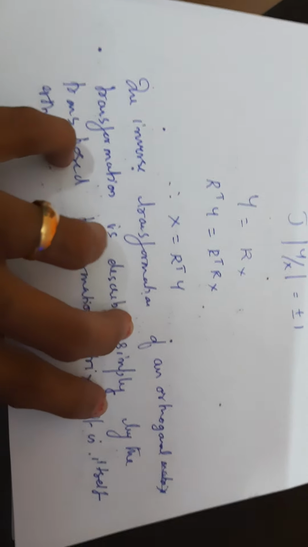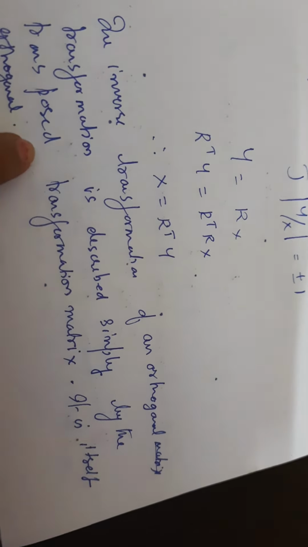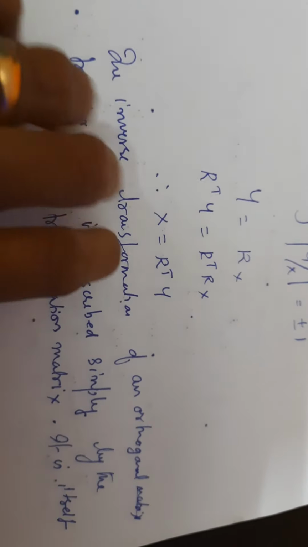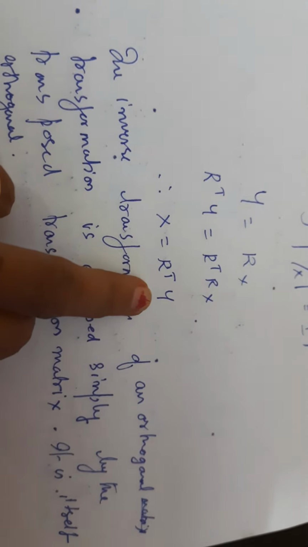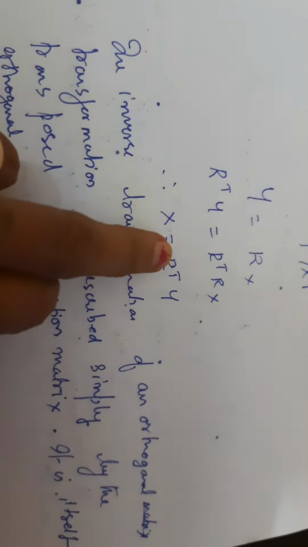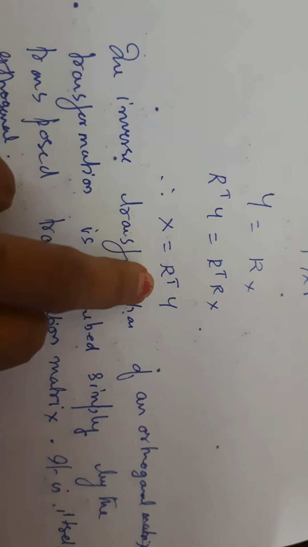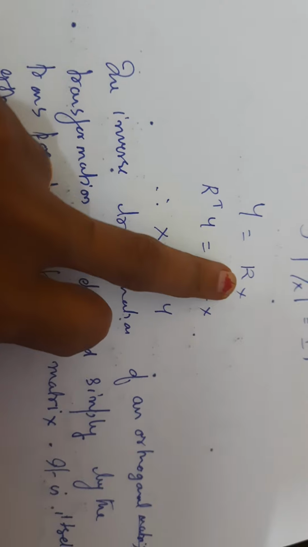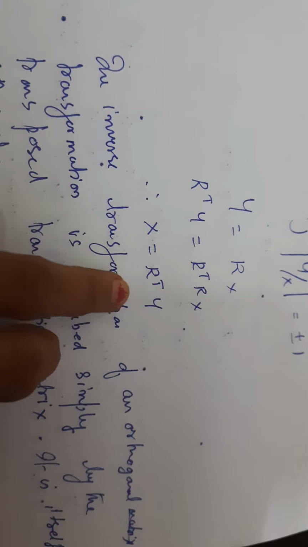So what is the important thing here? The inverse transformation of an orthogonal transformation is described simply by the transposed transformation matrix. It is itself orthogonal. It is just saying that if you want to find the inverse, you transpose the matrix R. If this is the matrix R, then if you invert it, you will get the variable x.